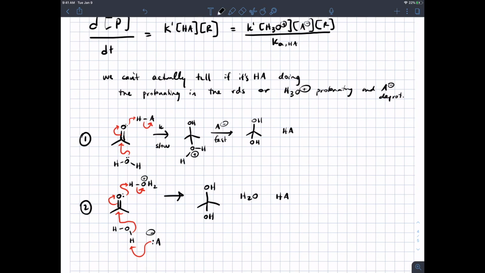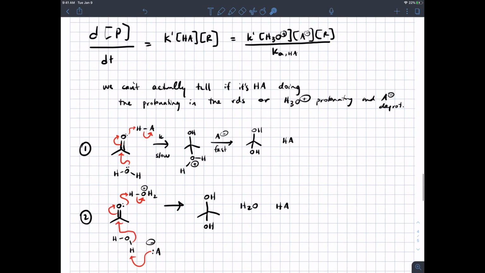So who cares? Well, first, if you notice, go ahead. Would the pH aspect discern between these two mechanisms? No, because the pH is going to control the relative amounts of these two molecules in solution, right?